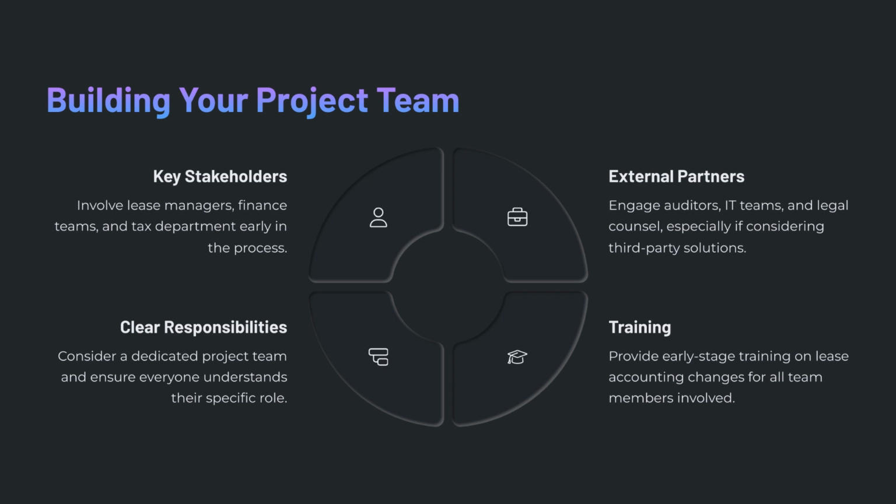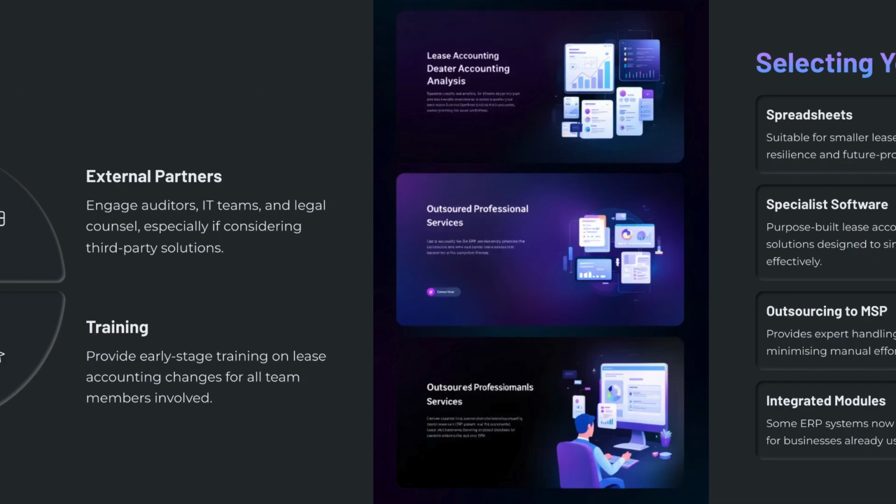Consider whether a dedicated project team is necessary to oversee the transition and ensure responsibilities are clear. Early-stage training on the lease accounting changes will be valuable for those involved. Before engaging auditors, conduct an internal review to identify potential issues and ensure a well-prepared approach.